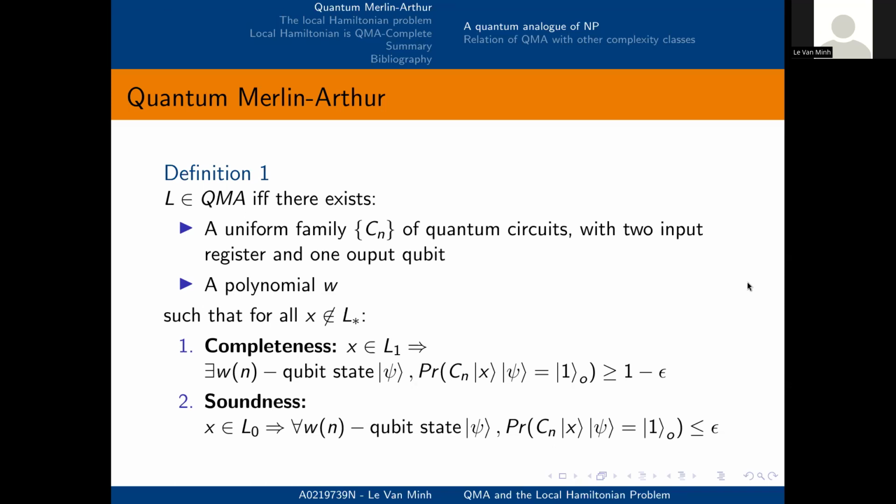Right? You can easily see how this is mostly identical to classical Merlin-Arthur, just that we are using some quantum language, and we have a condition that it never receives any input from L star.